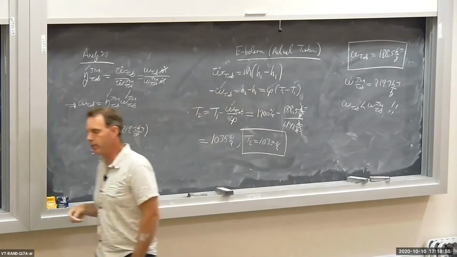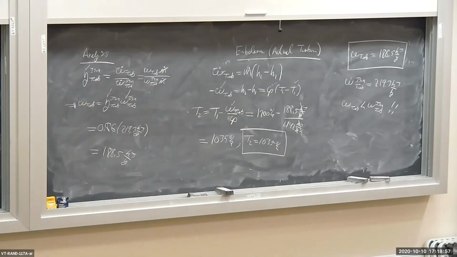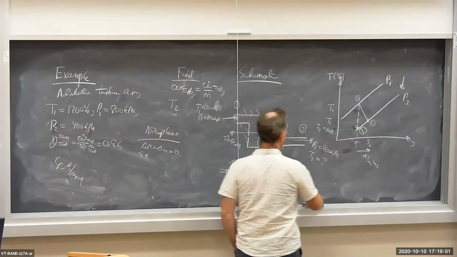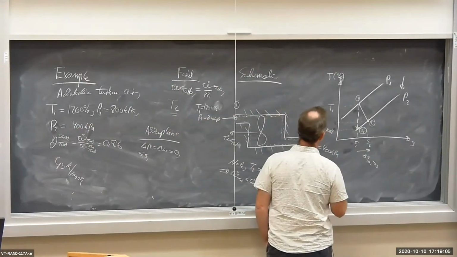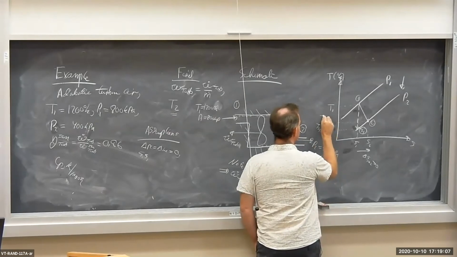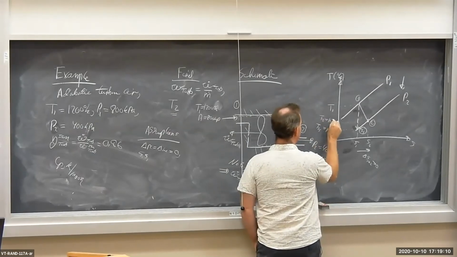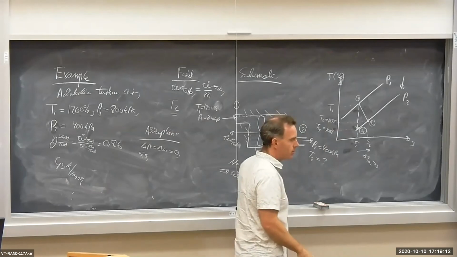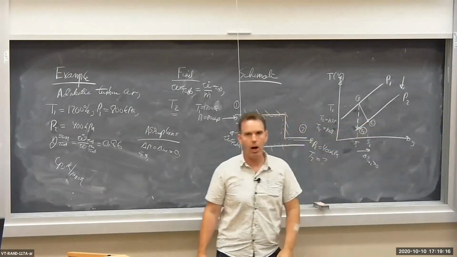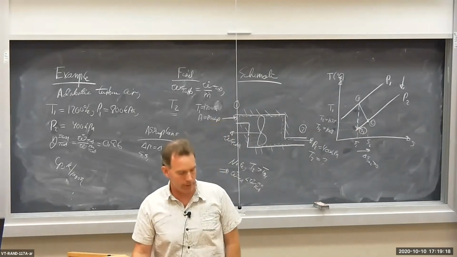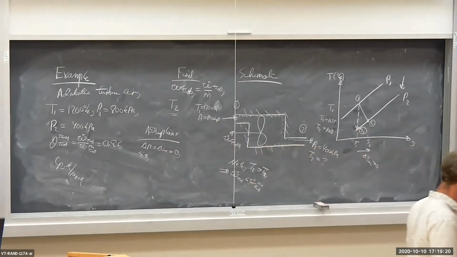Let's put this on our TS diagram. So T2 sub S was 1,008 degrees, and T2 is 1,035 degrees. Notice the real turbine has a hotter outlet exhaust temperature.